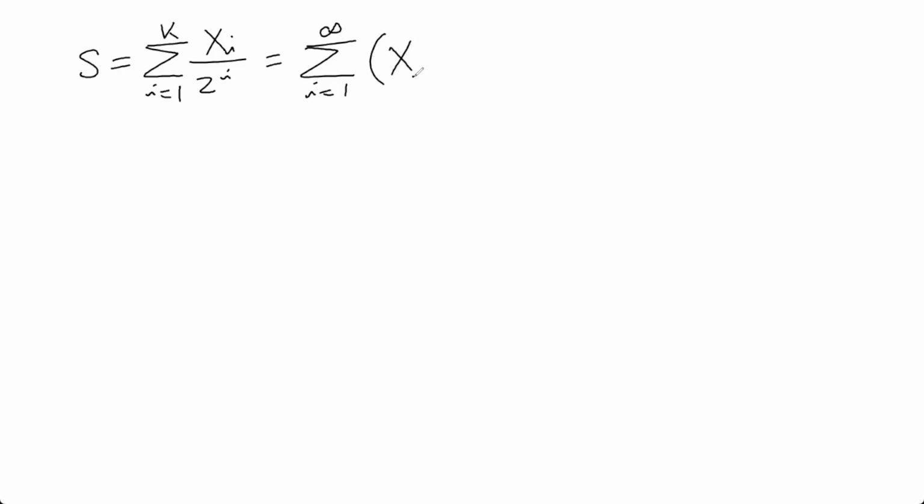This is an infinite sum of x sub i's contribution, where x sub i could contribute x sub i over 2 to the i, but could instead contribute 0 if x sub i is not part of the initial descending sequence.